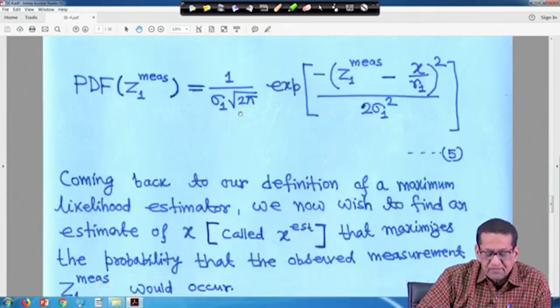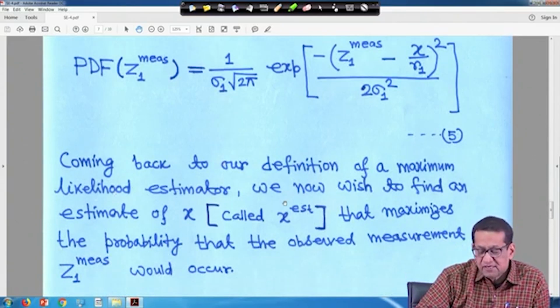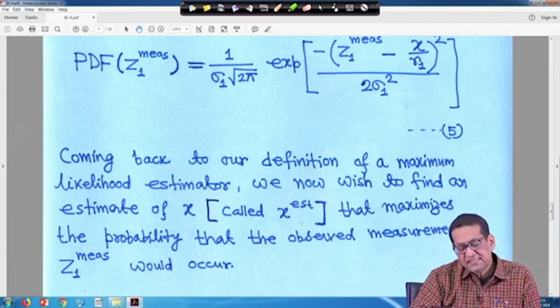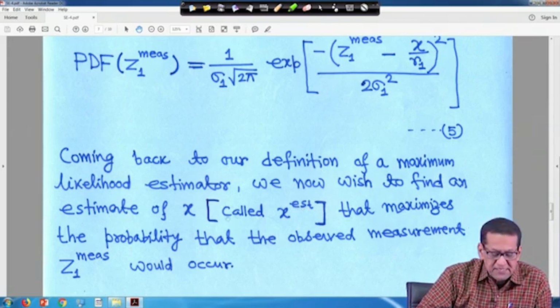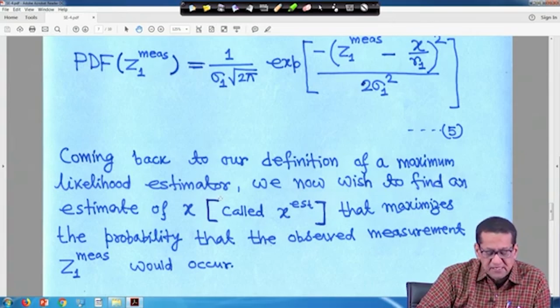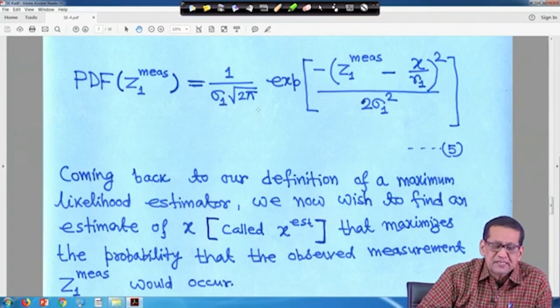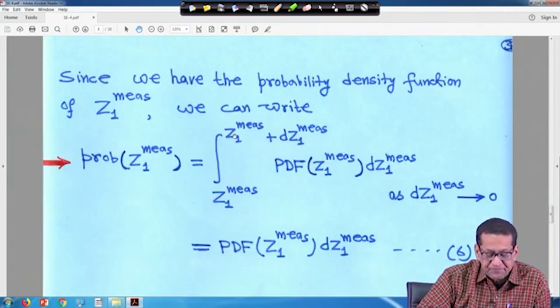Now, coming back to our definition of a maximum likelihood estimator, we wish to find an estimate of X, called X estimator, that maximizes the probability that the observed measurement Z1 measure would occur. This is for just a simple circuit we have taken, and this is the probability density function for Z1 measure.